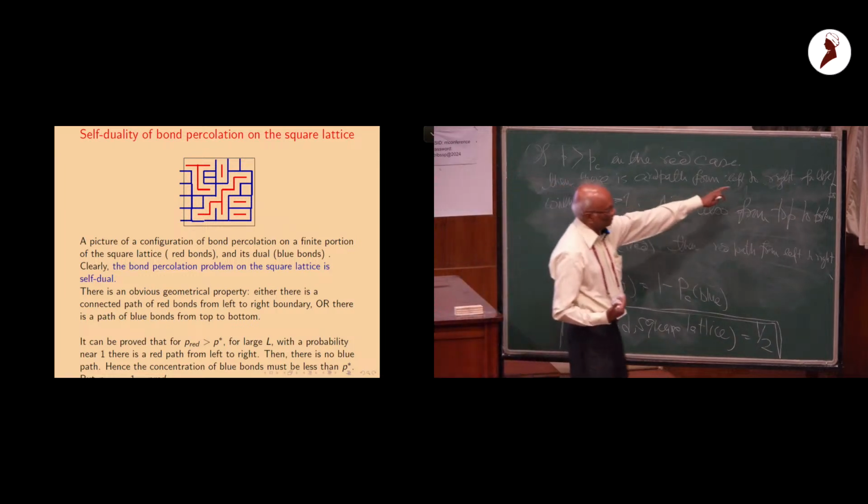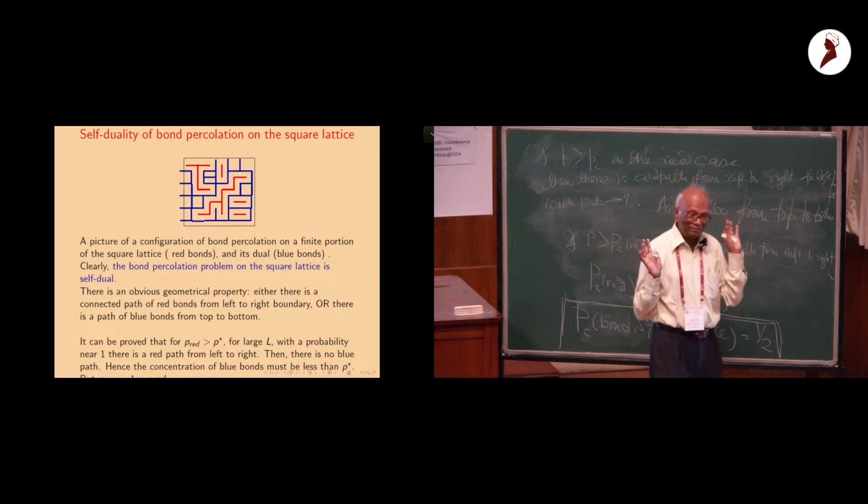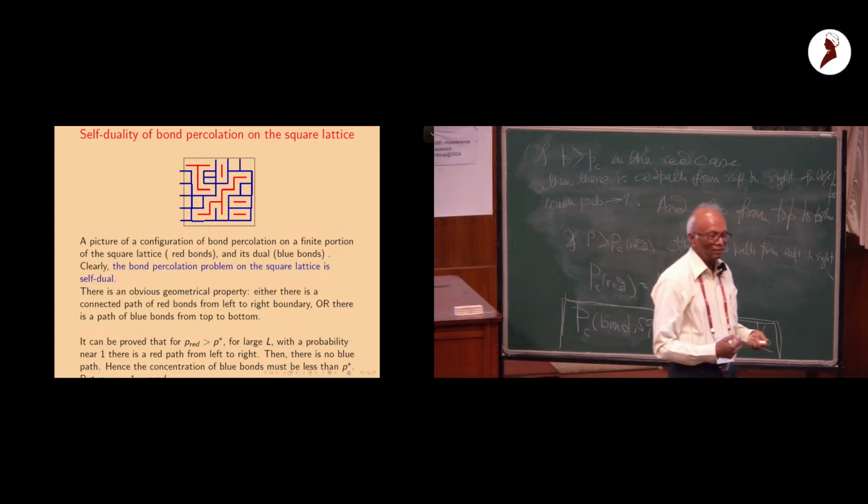This result is still true if L is large, even if there is a finite effect: if P is bigger than PC, then there is a path from top to bottom and a path from left to right with probability one, even if the aspect ratio is different.